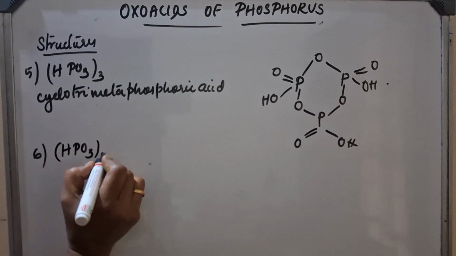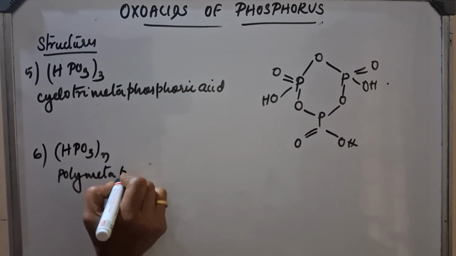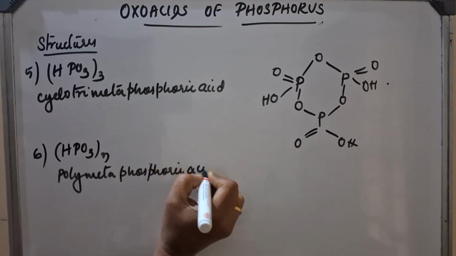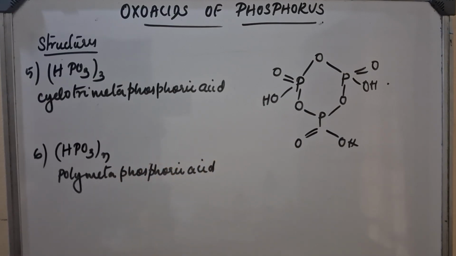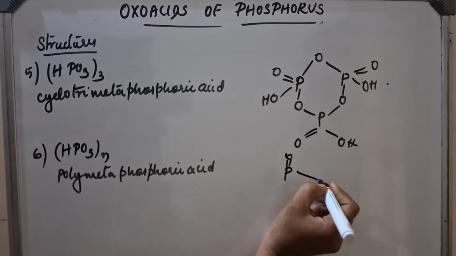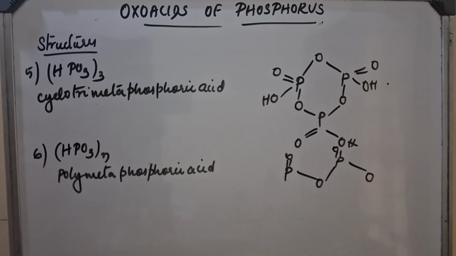Okay. Now, the next and last one is polymetaphosphoric acid, (HPO3) n times. What is this formula? It's n times. So P double bond O, the P-O-P bond will be there.